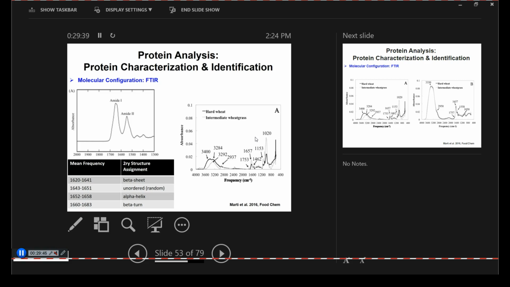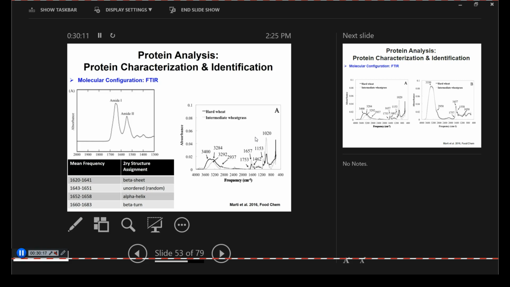I'm not going to go through details there. But the amide 1 region, if you deconvolute that peak into individual frequencies, you will get the beta sheet frequency, the unordered or random coil frequency, the alpha helix, and the beta turn.